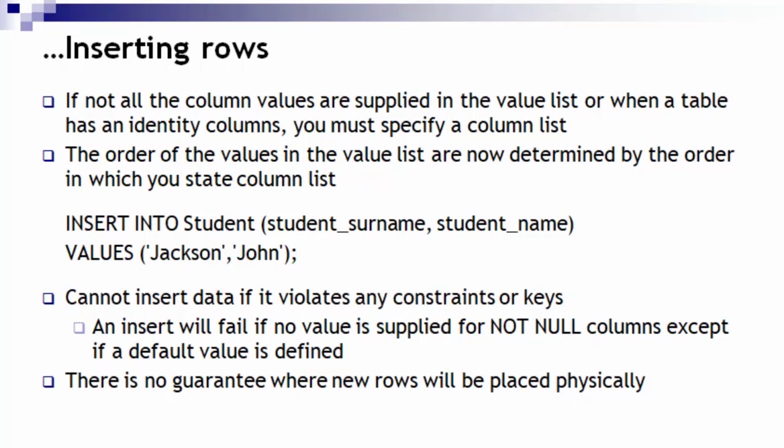Okay, what you also note is that we need to use a column list if we have an identity column, and then you must specify the columns to which you want to insert data. If, for example, in the previous one, our student number was an identity column, then we should only have inserted into the student's surname and his name, and not into other columns.